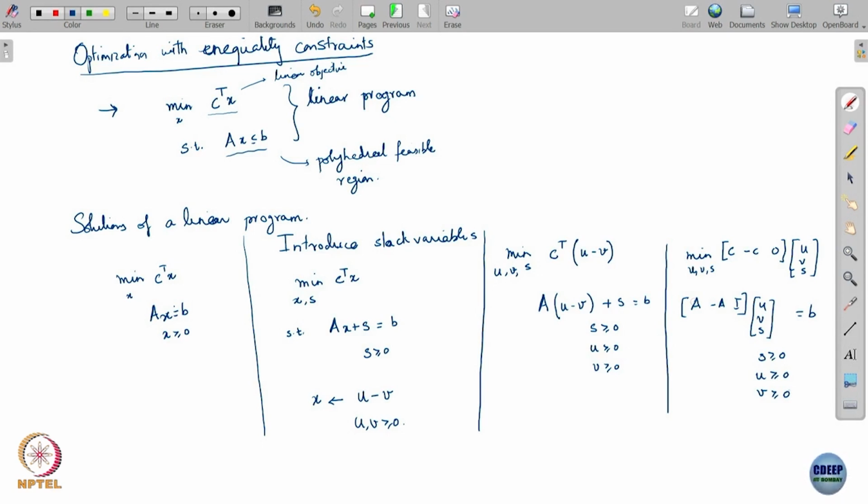Now, question is: is this in the form of the problem that I was looking for? Yes, it is, because all my variables are now non-negative, the other constraints are all equality constraints, and I have a linear objective.